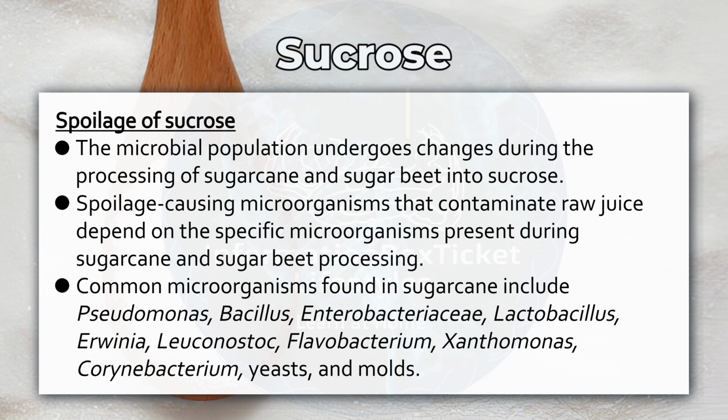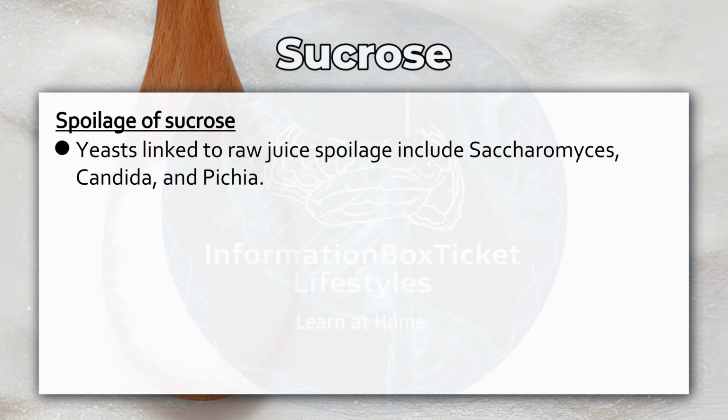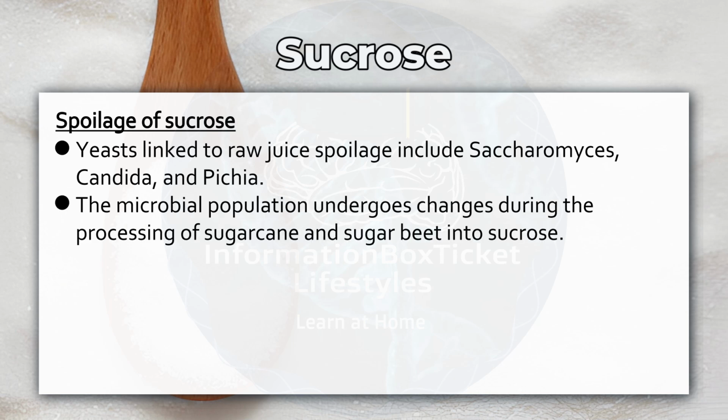Common microorganisms found in sugarcane include Pseudomonas, Bacillus, Enterobacteriaceae, Lactobacillus, Erwinia, Leuconostoc, Flavobacterium, Xanthomonas, Corynebacterium, yeasts, and molds. Common microorganisms found in sugar beets include Pseudomonas, Arthrobacter, Erwinia, Streptomyces, Bacillus, Clostridium, Flavobacterium, and yeasts. Yeasts linked to raw juice spoilage include Saccharomyces, Candida, and Pichia.